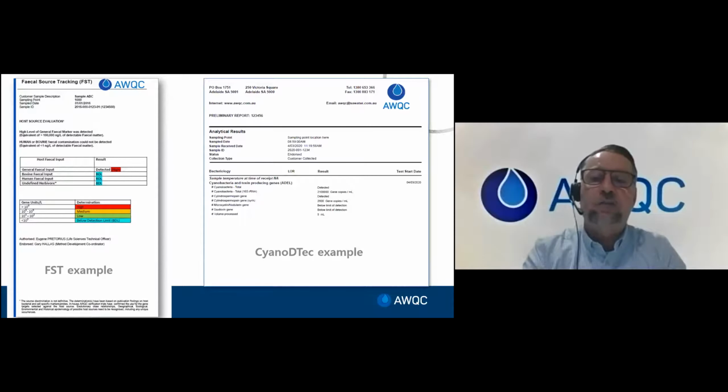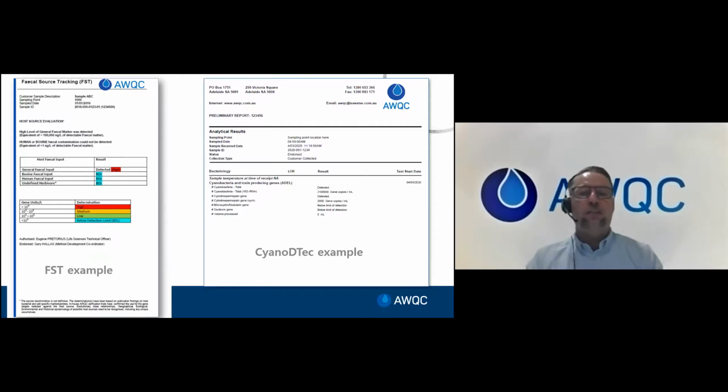And in the Cyano-Detect example there, you can see that there were quite high numbers of genes detected for general cyanobacteria, so total cyanobacteria, and the cylindrospermopsin gene was detected at a gene copy count of 2,600 gene copies per milliliter. And then we've got the microcystin and the saxitoxin gene below the detection limit.